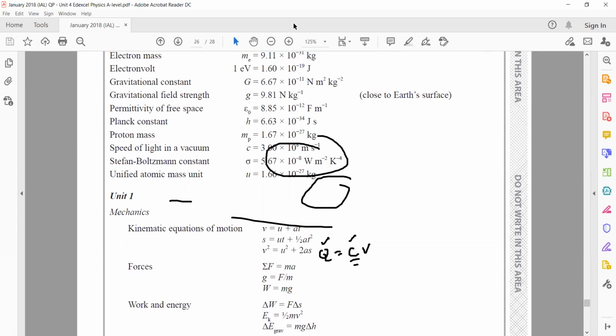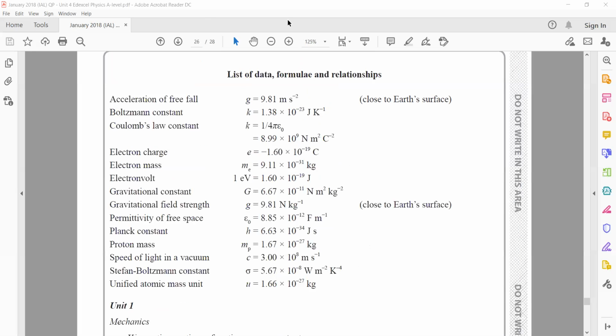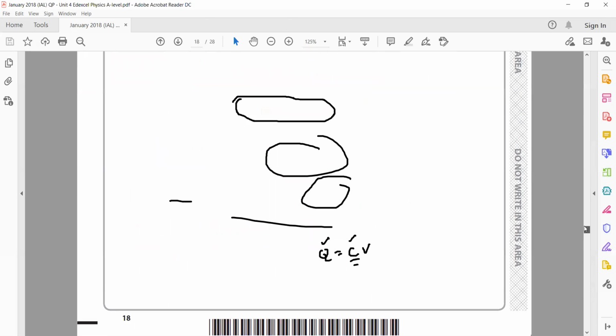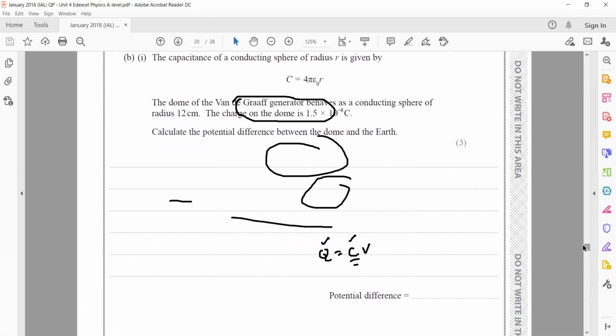So the value of epsilon is also given: permittivity of free space 8.85 times 10 to the minus 12. So using this, you will find the potential or the voltage which is developed between the dome and the earth.